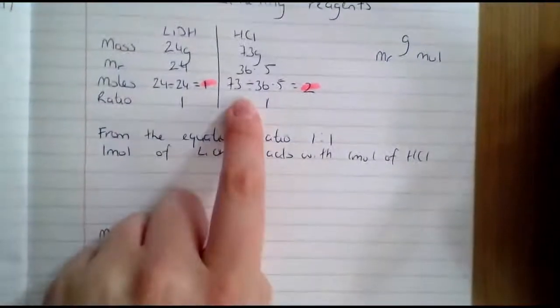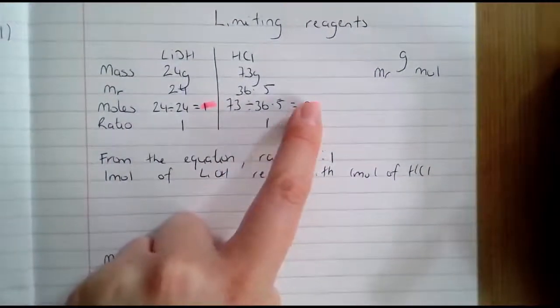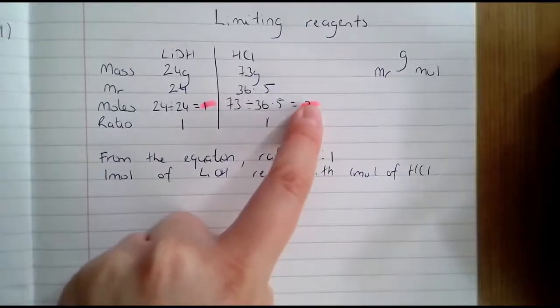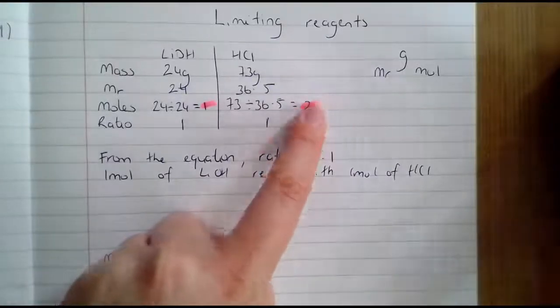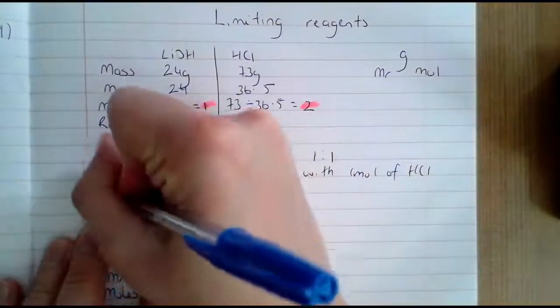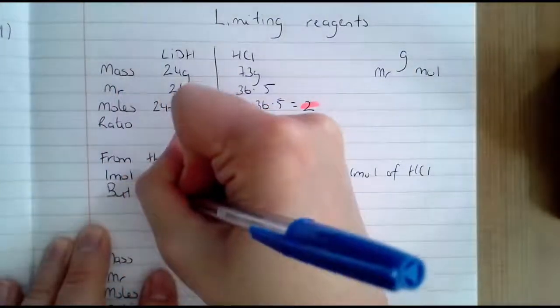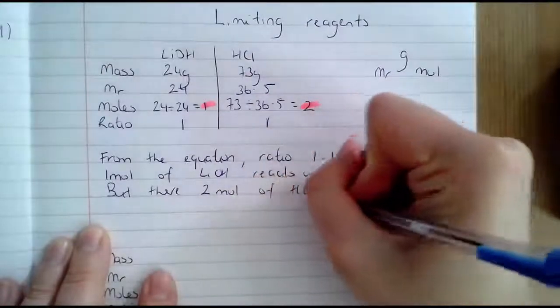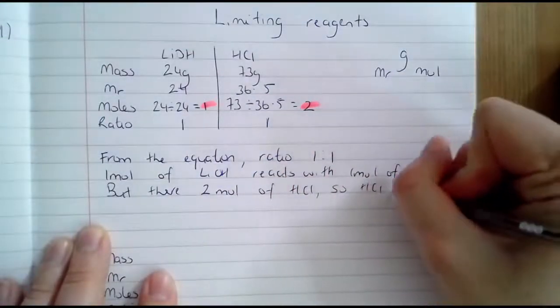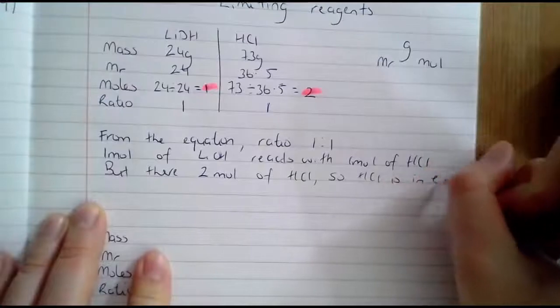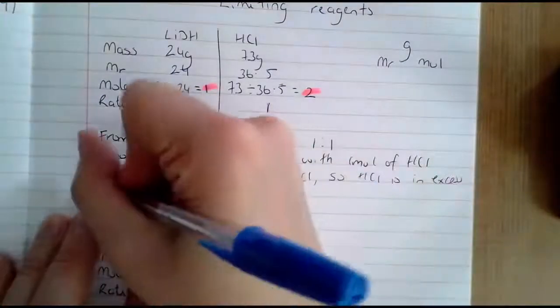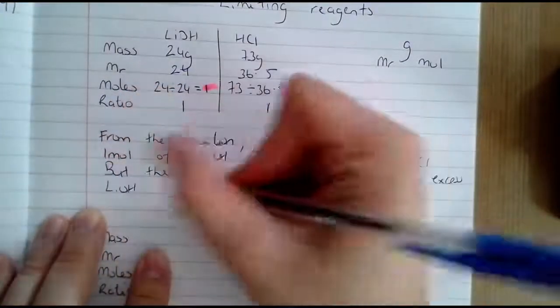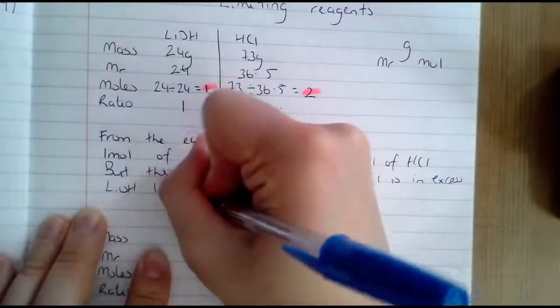But for my calculation, I can see that I've actually got 2 moles of HCl. I've got more HCl than I need. So I'm going to say, but there's 2 moles of HCl. So HCl is in excess. And if HCl is in excess, the other one, LiOH, is limiting.